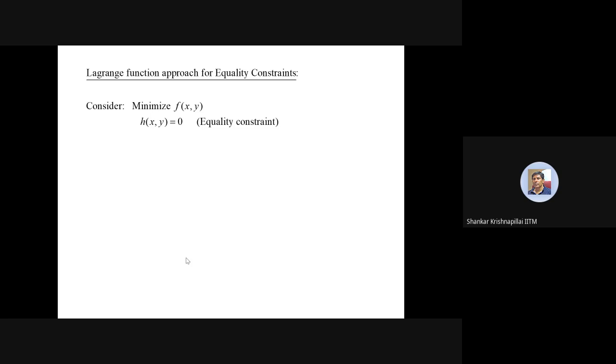The same equation can be obtained by using the Lagrange function. Even without using any Taylor series expansion, we can get this same equation by using the Lagrange function. So what is the Lagrange function? Suppose I want to minimize this f of x, y subject to the equality constraint, that is h of x, y is equal to 0.